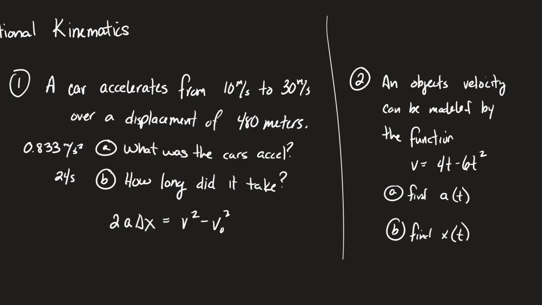That would have given you the acceleration. And if you were shooting for the time, I think I would have gone delta x equals 1/2 (v plus v naught) times t. Of course, if you had solved for t or solved for a, you could use one of the other equations as well, but this would work without having solved for anything ahead of time.